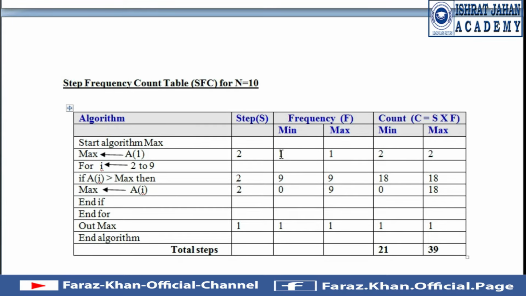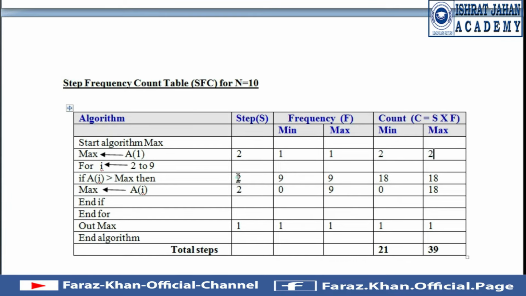So the best case frequency would be 1 and the worst frequency would also be 1, right? So 2 multiplied by 1: count is S into F, so in count we have to multiply this with this, right? 2 multiplied by 1 we get 2 in minimum, and again 2 multiplied by 1 we get 2 in maximum, right?